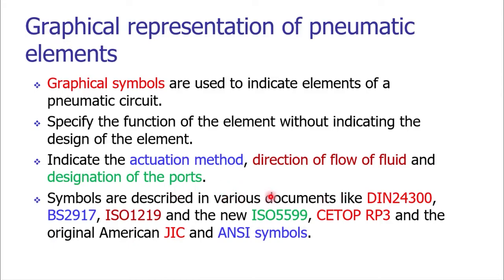And basically we are following the various standards which are available, such as DIN 24300, BS 2917, ISO 1219, and the new ISO 5599, and many other standards. The industry people are following them and designing the various pneumatic circuits.